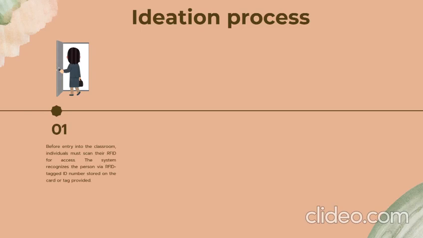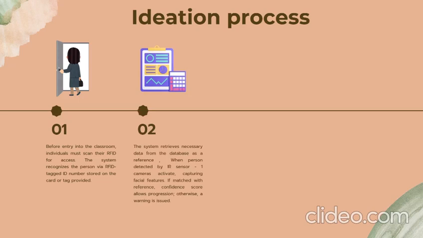So the ideation process is, before entering the classroom, a person must scan their RFID to access the system. Then the ID inscribed in the RFID will be scanned, and the system retrieves the necessary data from the database as per the reference. Then the RFID process is completed.